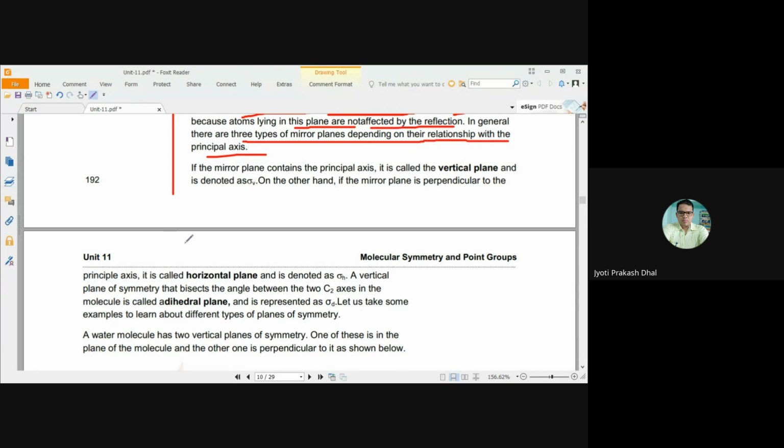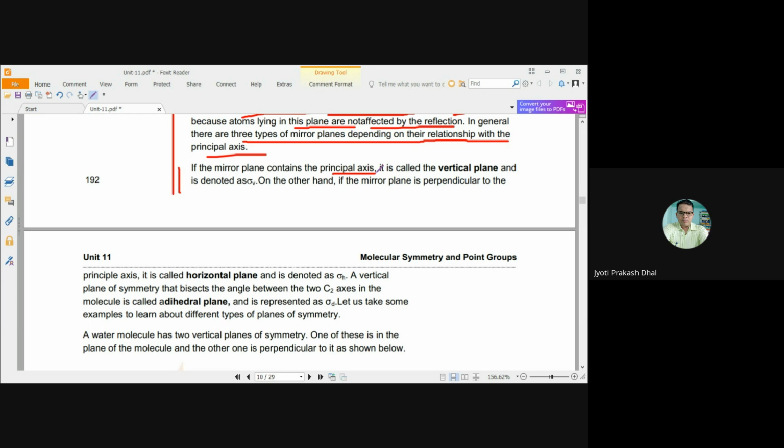The first plane of symmetry is a mirror plane that contains the principal axis. The highest-fold axis of rotation is called the principal axis.